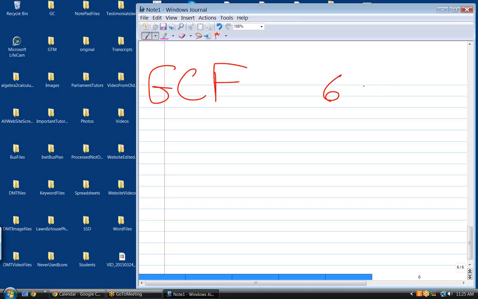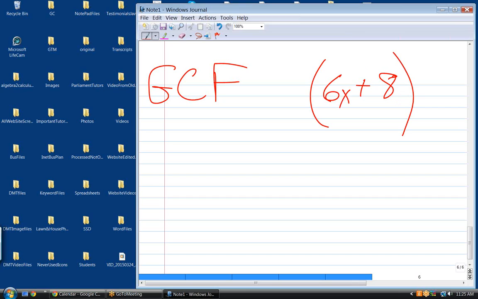If I give you these two numbers, what's the greatest common factor that can be taken out? I'll put a variable in here so as to not confuse things. 6x plus 8. What's the greatest common factor?